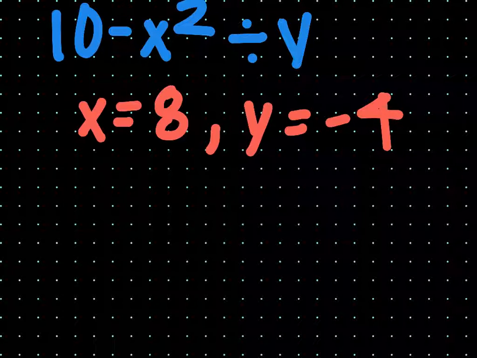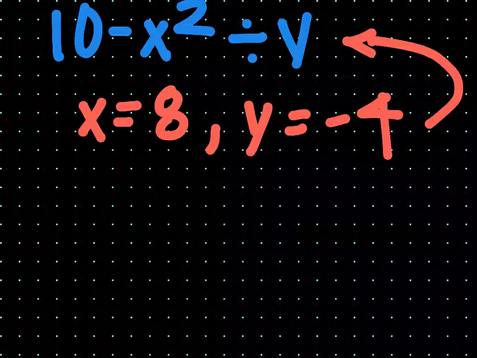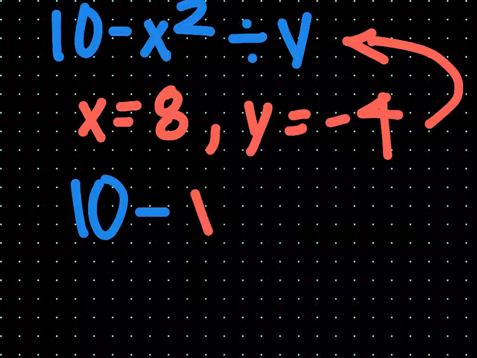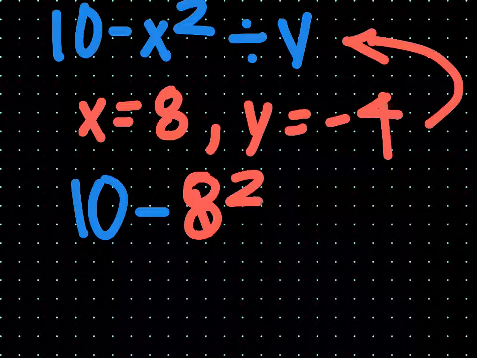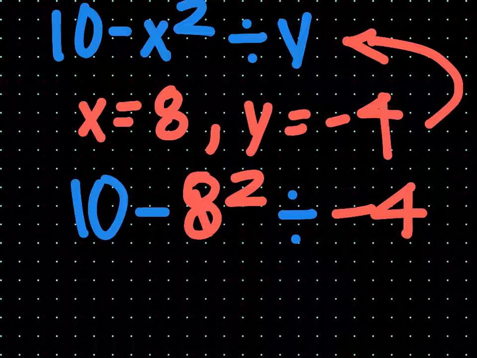So what they want us to do is take those numbers and plug them into this problem right here. So now it becomes 10 minus, not x, but 8 squared divided by negative 4.